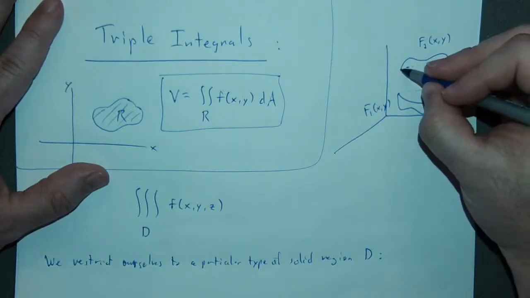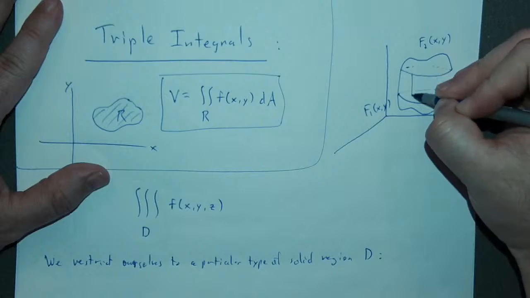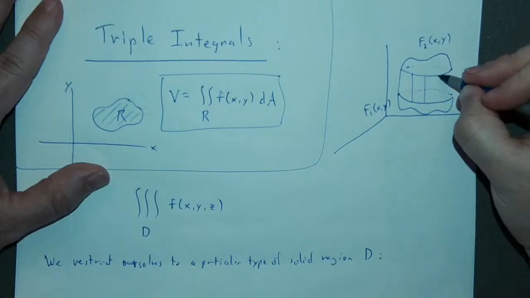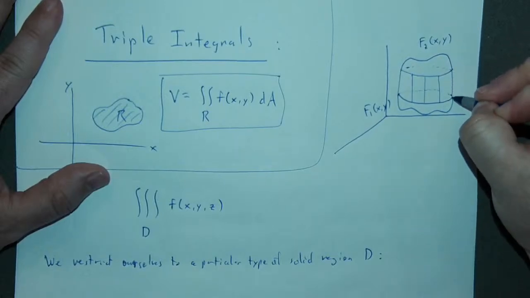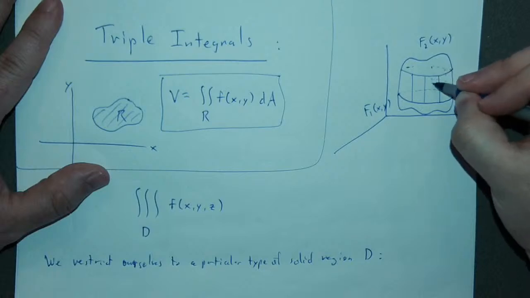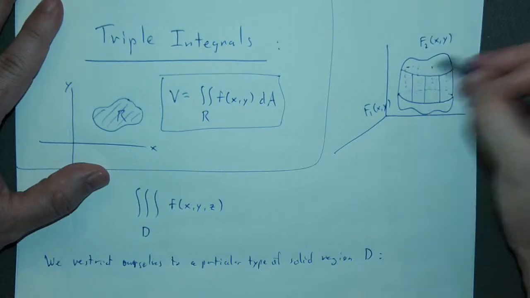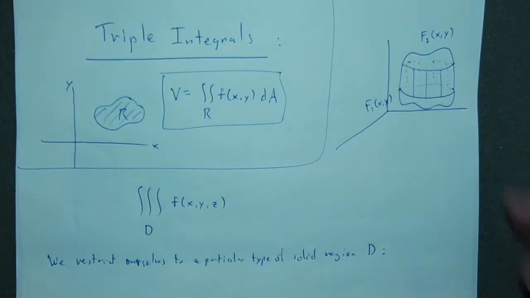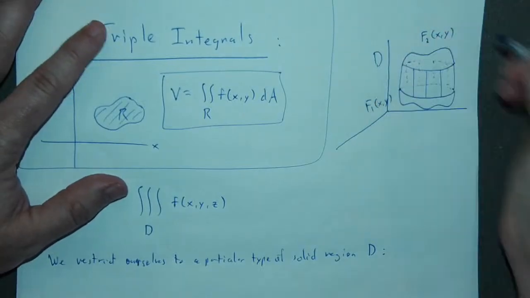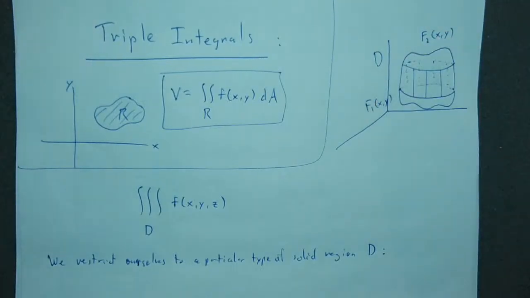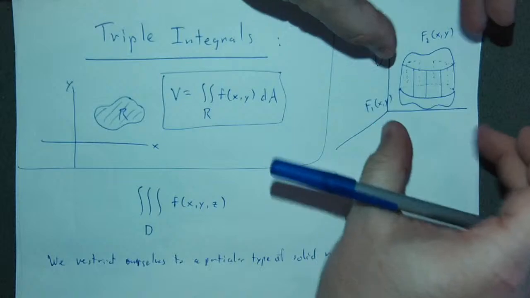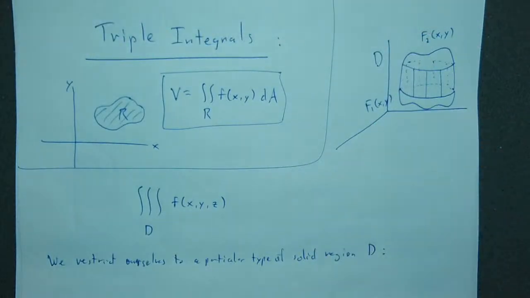And then I'm filling in the lateral sides. And how am I filling in? Well, the way that I'm saying that this solid region D exists is that it's got a top function and a bottom function. That's the top and the bottom.